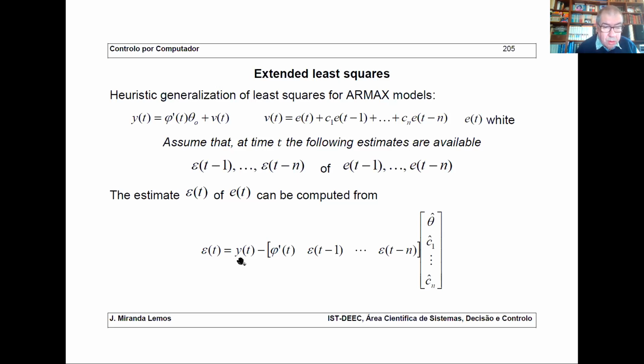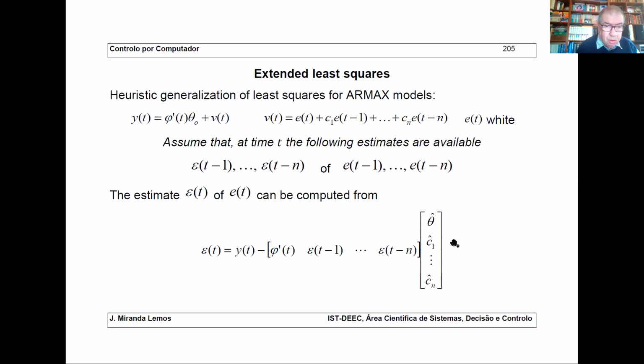So you are going to make an estimate of y, which is just phi transposed theta hat, and that gives you epsilon of 0. In this way, you go on recursively and you start filling this vector of epsilons for t equal to 1, t equal to 2, and so on.